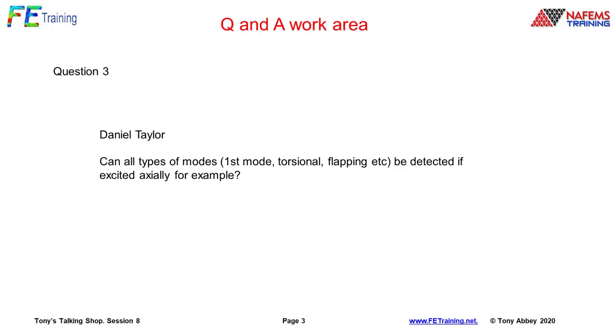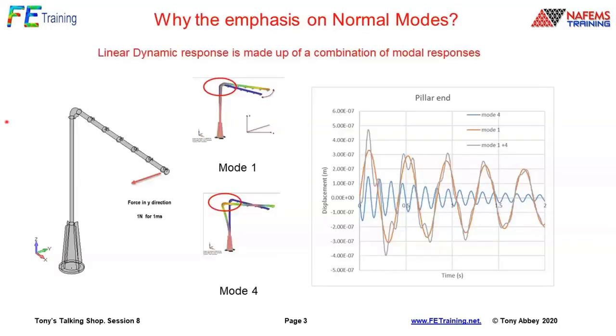So excitation, specific loading, is only going to excite a certain subset. Normal modes analysis basically just goes through and will give us all of the potential modes, which is the good part of the survey.